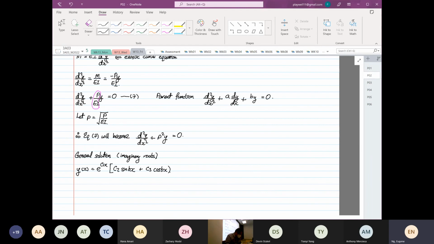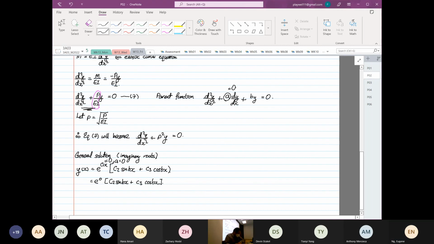But in our case the c1 is equal to 0, because a is equal to 0. If you look at our function, the a term down here is equal to 0 for our case. So we don't have the decaying term. When we don't have the decaying term, we have e to the power of 0, right? c2 sine bx plus c3 cos bx.